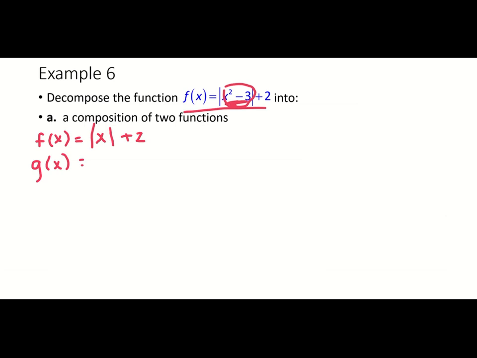So I'm going to make it x squared minus 3. So that means what I would do is I did f composed with g. I would take this equation here and plug it in the absolute value. And that's kind of what you want to do, is look at, if you have parentheses, what's in those parentheses that you can take out and call x, and that will become like your second function.